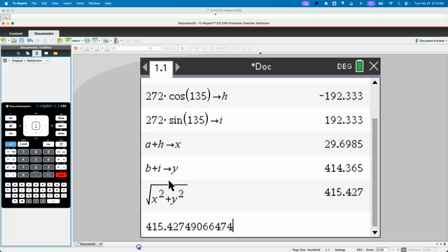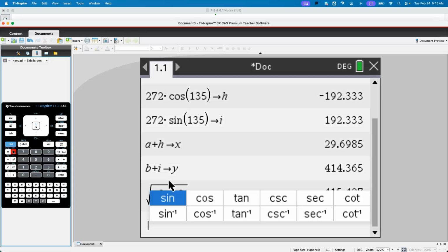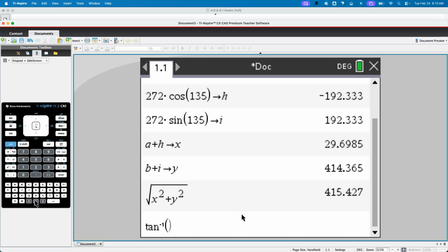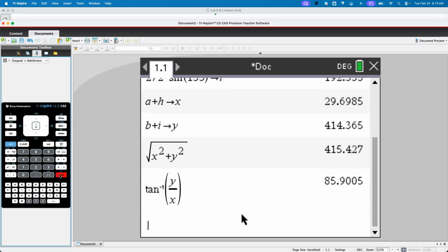Here then, inverse tangent of y divided by x, 85.9005.